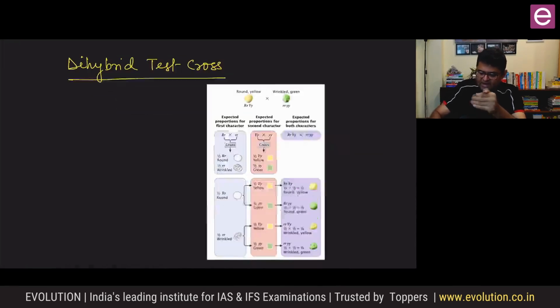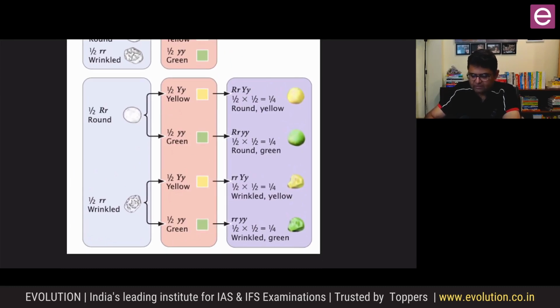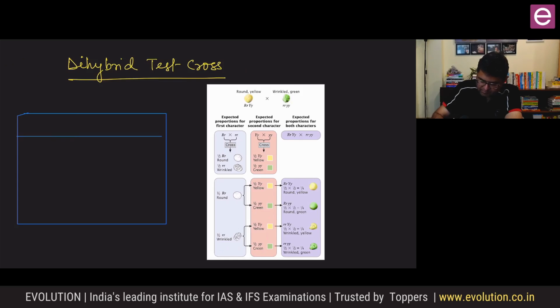And in dihybrid test cross, the same thing will be 1:1:1:1. Right. So why will it be 1:1:1:1? So simple. You can simply make a Punnett square here. So let's say that there is a square. Okay. And take a look at the gametes.